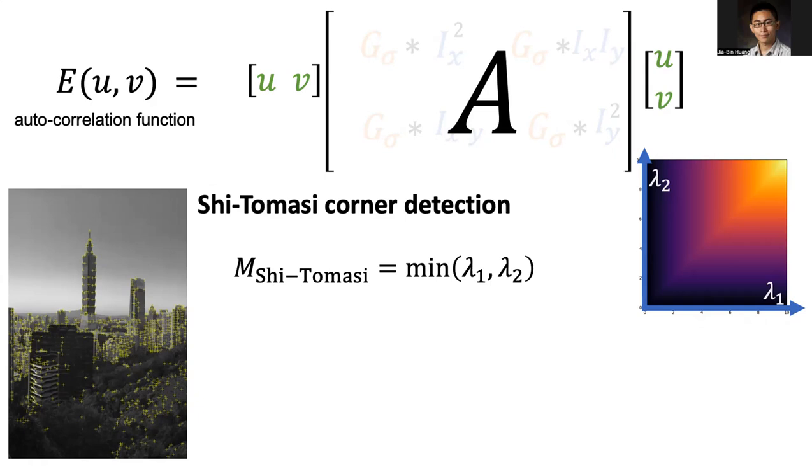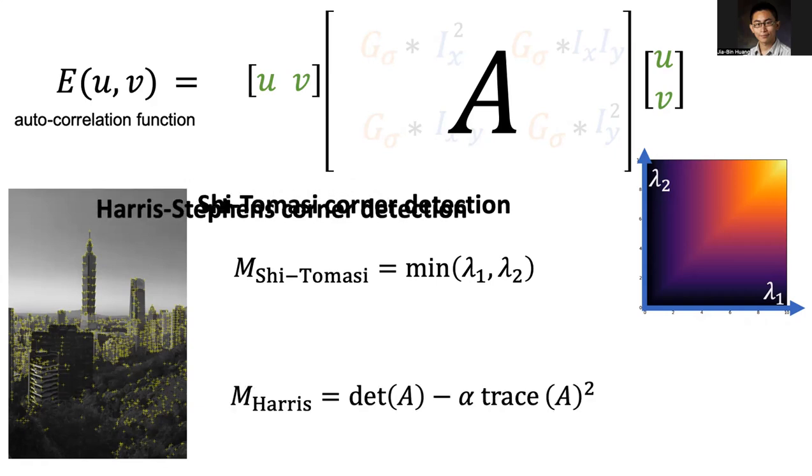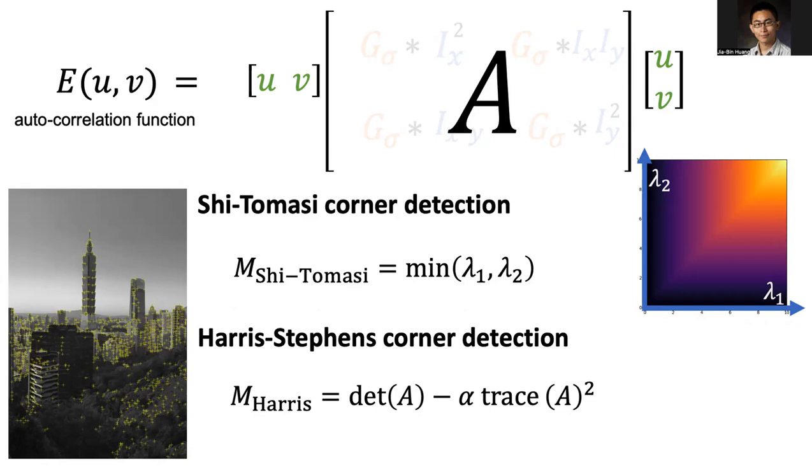A more popular one is a way to approximate these things. There are two other people called Harris and Stephens. What they did is, instead of exactly computing the eigenvalues for every single pixel, you just take that matrix A, compute the determinant, and then subtract some constant times the trace squared.